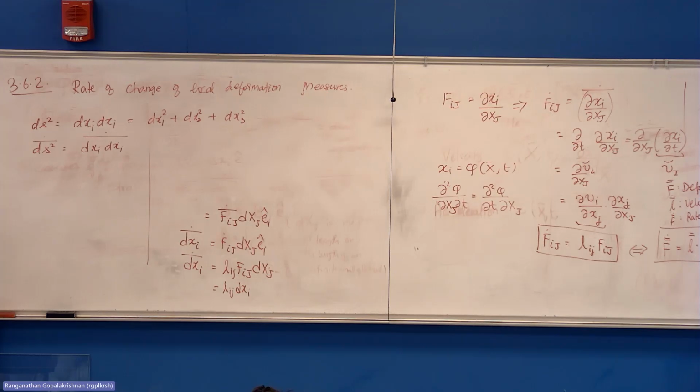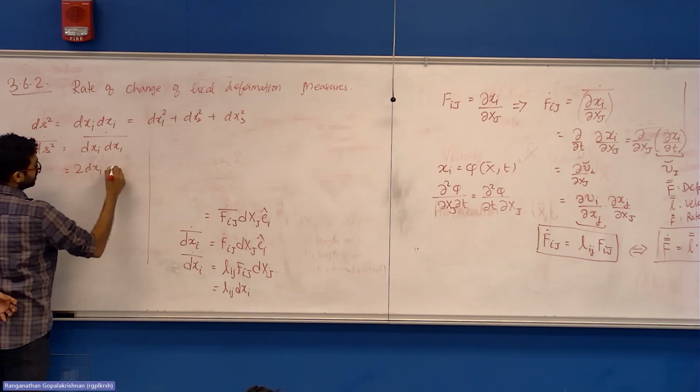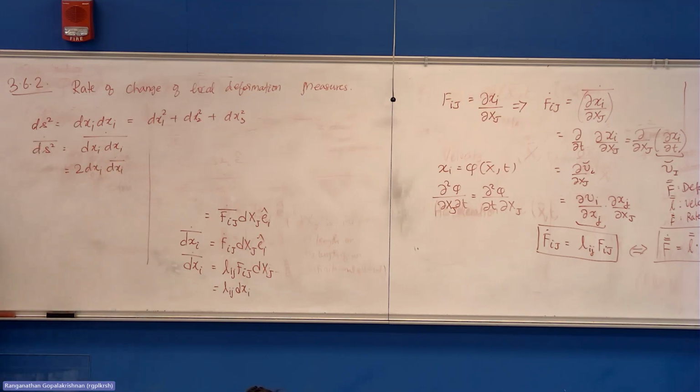Or in other words, if you have some f of x dot, this is f dash of x times x dot. Okay, so this is 2 times dx_i times dx_i dot. Okay, you would agree? Just a symbol.